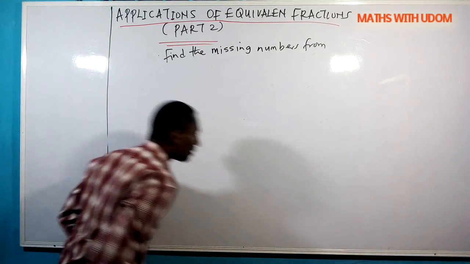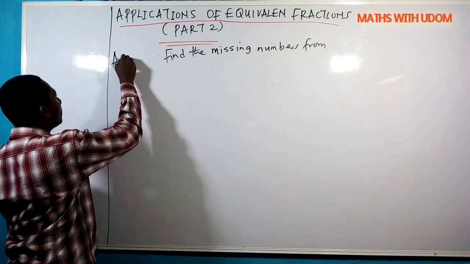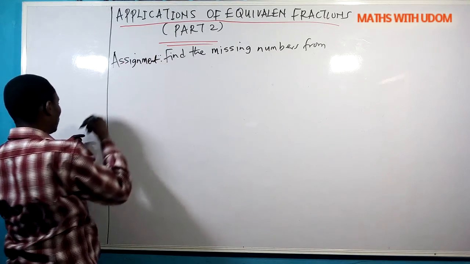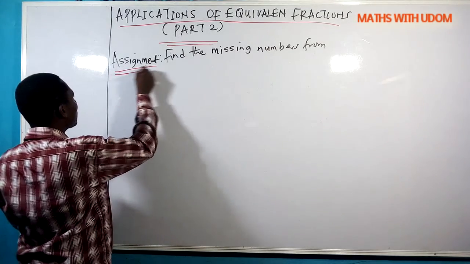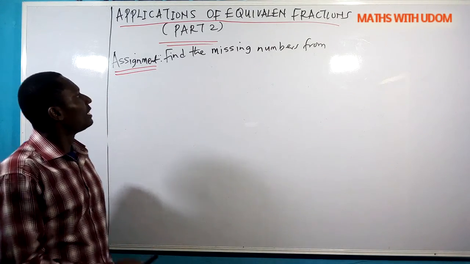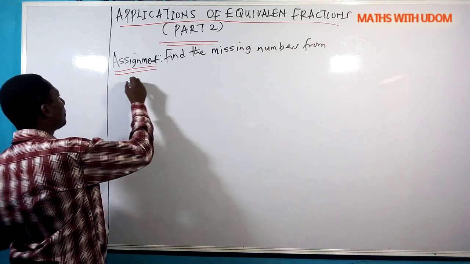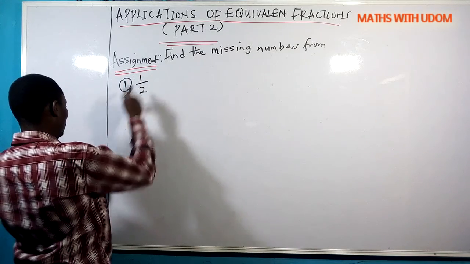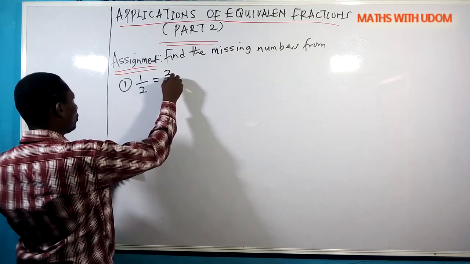Let's get it underlined. So the assignment is find the missing numbers. Number 1, 1 over 2 equals to 2 over 4.